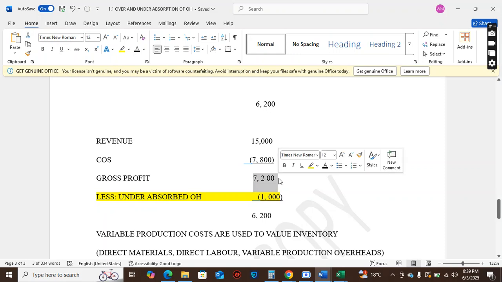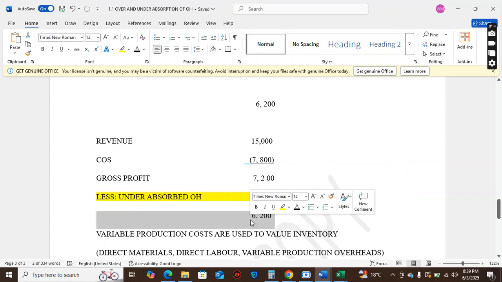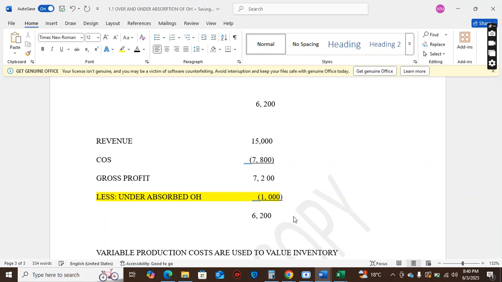So 7,200 minus 1,000, we get a gross profit of 6,200. So when overheads are underabsorbed, add to your cost of sales since the cost of sales is understated, or subtract from the gross profit because the gross profit is overstated.